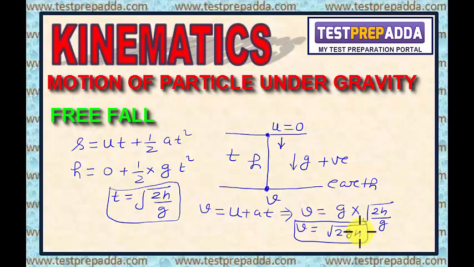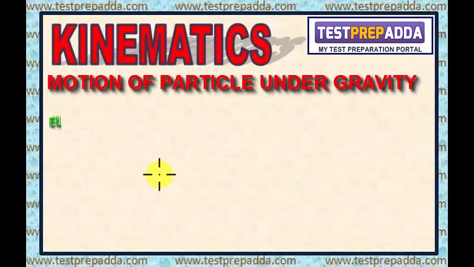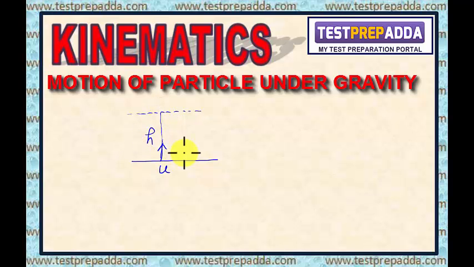Okay? Now I will talk about the another point when object is thrown up with initial velocity u from the earth. Now, when the object is thrown up with the initial velocity u from the surface of the earth, let us say it reaches the maximum height h. The gravitational acceleration is in the downward direction, so velocity will keep on decreasing and the object covers a maximum height h.